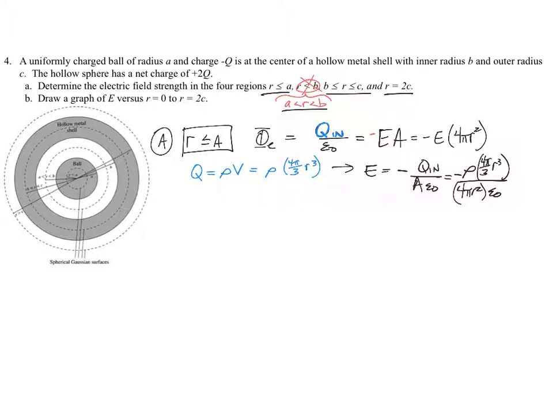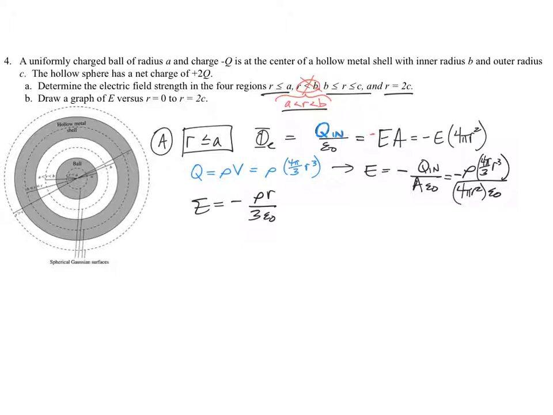And then we have our epsilon naught. So this means that my electric field, at the end of all of that, will be this volumetric charge density at some distance r, over 3 epsilon naught, right? So there's our electric field for that region where r is less than or equal to a, which I inadvertently capitalized. Didn't mean to do that.